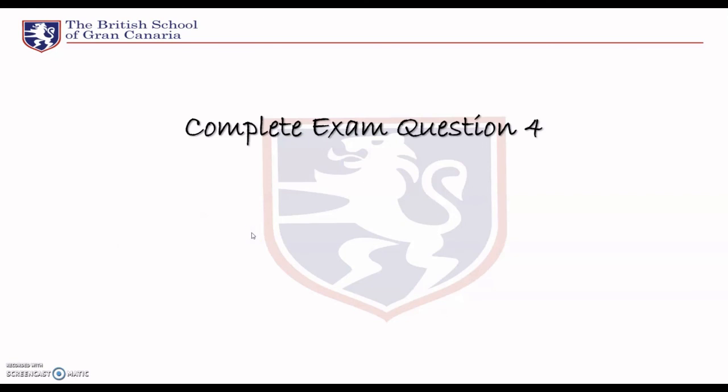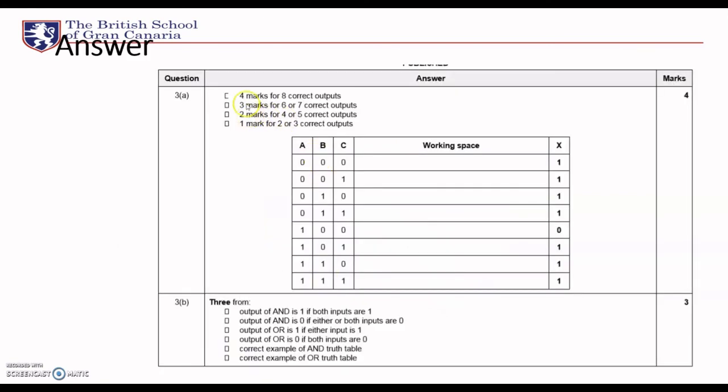Let's go through the answers. It says 4 marks for 8 correct outputs, so these are all the outputs that you should have put in. 0, 0, 0 would be 1, 0, 0, 1 would be 1, 0, 1, 0 would be 1, and so on. You get 4 marks for all 8, 3 marks for 6 or 7, 2 marks for 4 or 5, and 1 mark for 2 or 3 correct.